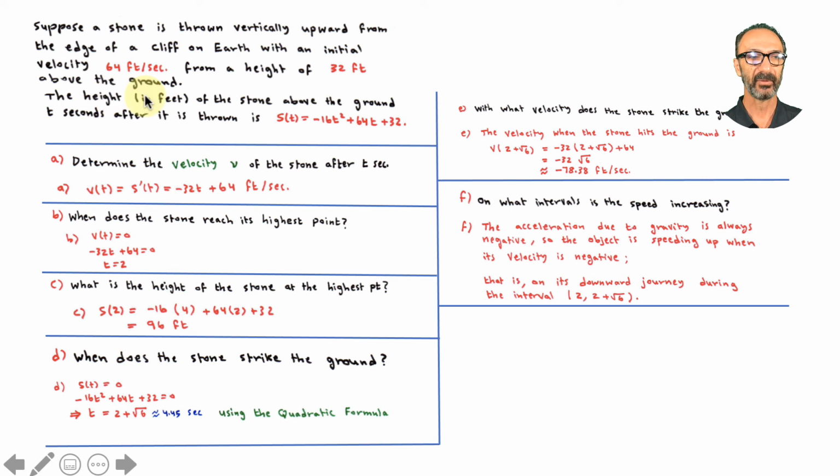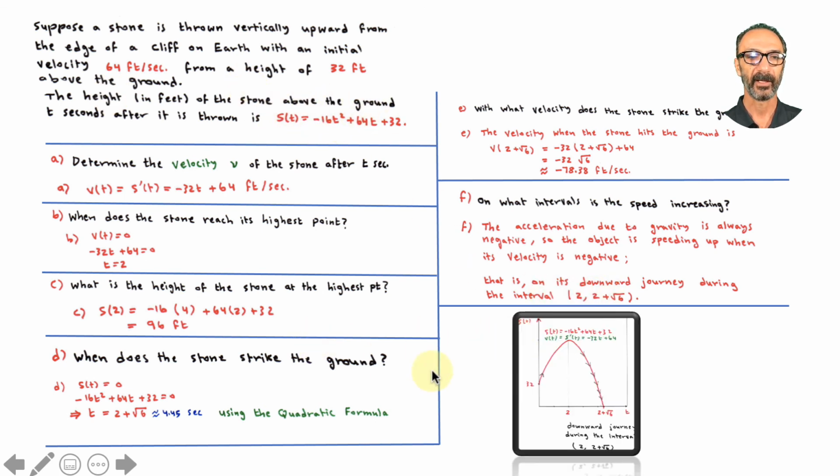I kind of mentioned how the graph looks like this, but let me support. So the graph looks like this, up, then down. The stone was thrown from a height of 32, reached the maximum height at t equals 2, got to the ground level after t equals 2 plus square root of 6.